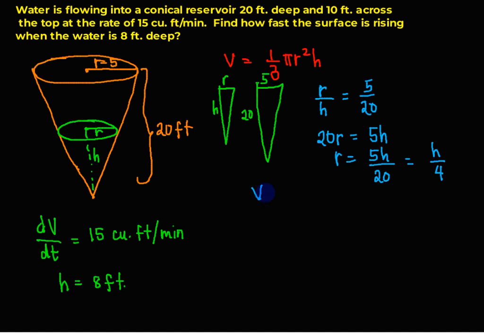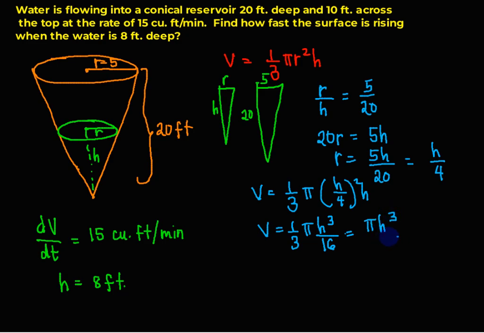That is V equals 1/3 pi, r is h over 4, so h over 4 squared times the height. So V is equal to 1/3 pi h cubed over 4 times 4, 16. Pi h squared times h is h cubed, 4 squared is 16.